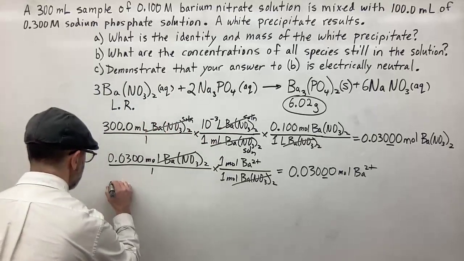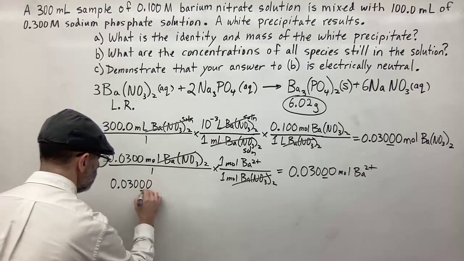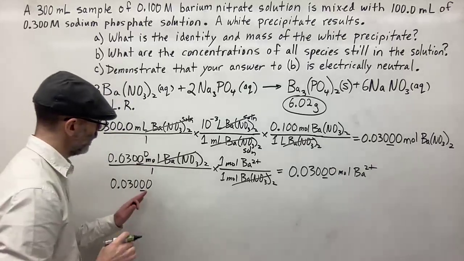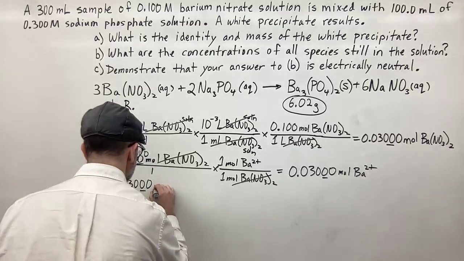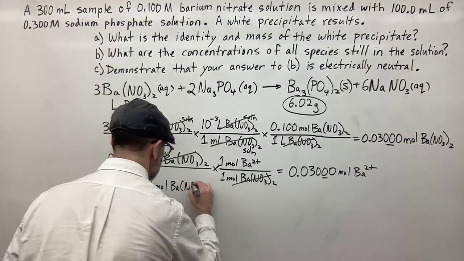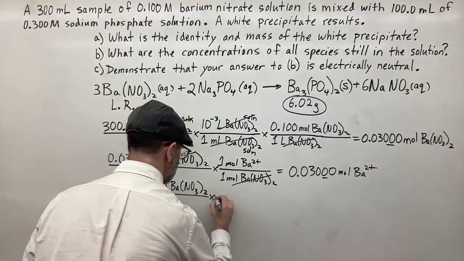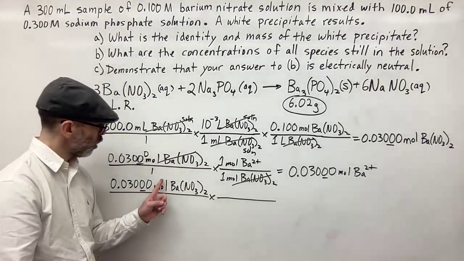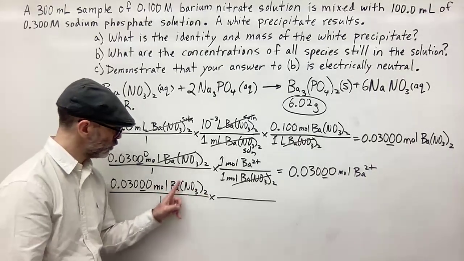And then you do the same thing for the nitrate. So we'll start again with 0.03000 moles of barium nitrate over 1. I'm only putting an extra digit to avoid rounding mistakes, but you don't need to do that. And then if we look at the mole ratio in our formula for the nitrate, for every one of these, you get 2 nitrates. So it's a 1-to-2 mole ratio.